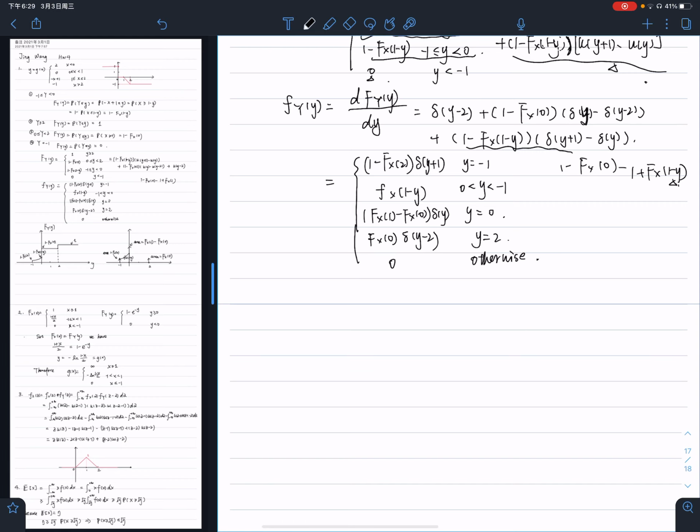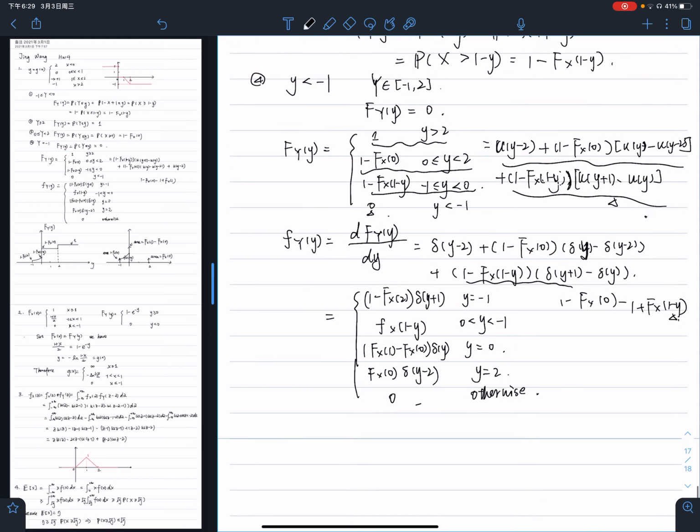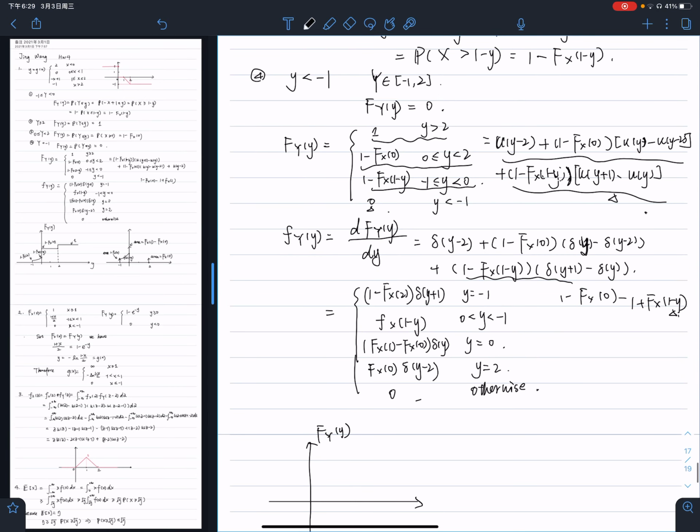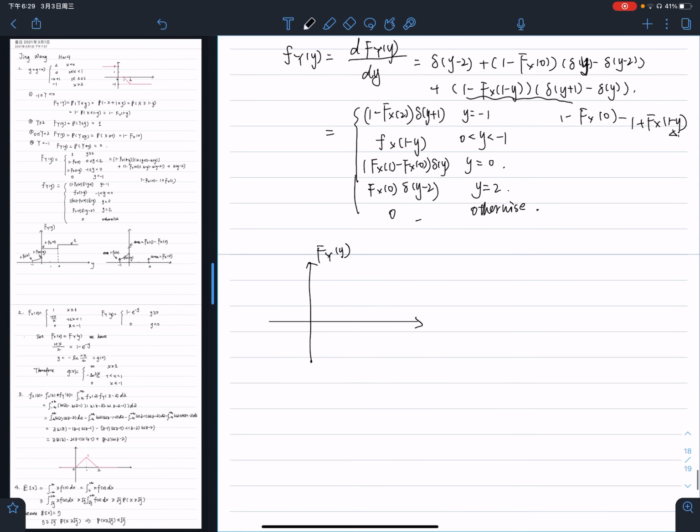And otherwise it should be 0. Then we draw the sketch of the PDF and the CDF. For the CDF F_Y(y), firstly, when y is smaller than negative 1, it should be 0.